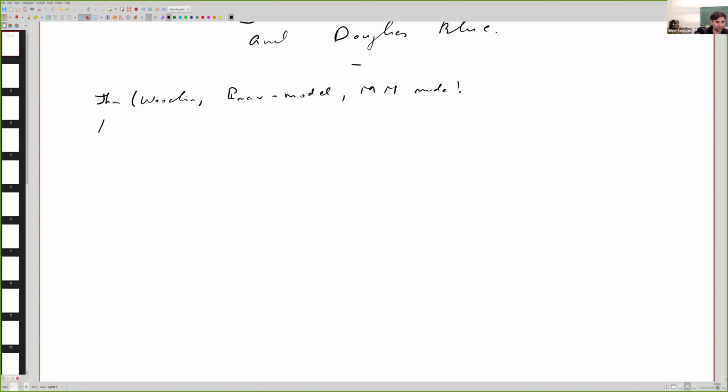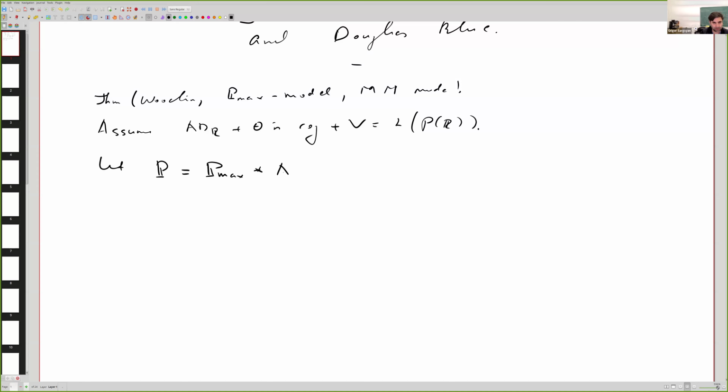Okay, so assume AD_R plus data is regular, plus V is of the form L of power set of R. So then we do: let P be Pmax, followed by adding a Cohen subset to omega 3.